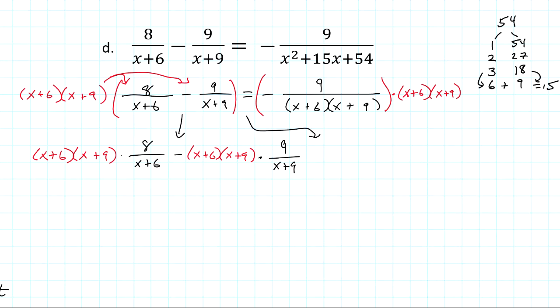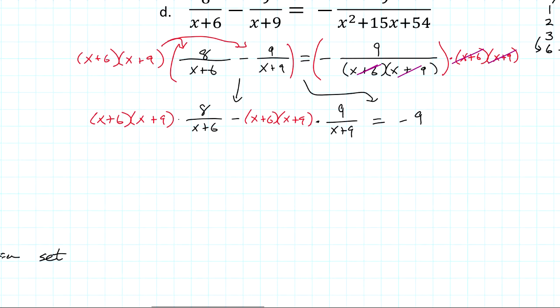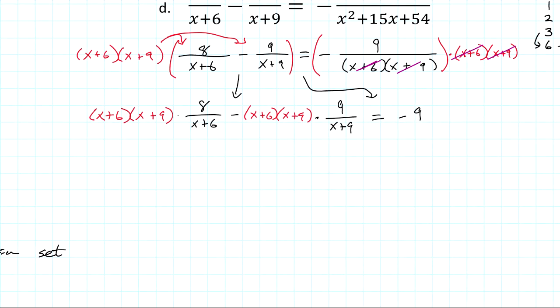Minus is there. Now we're to the equal sign. On the right side, we can cancel right away. There's no distribution to be done. The x plus 6's can cancel, and the x plus 9's can cancel. So we're just left with a minus 9 on the right side. All right, this is going to work out pretty nice, I think.